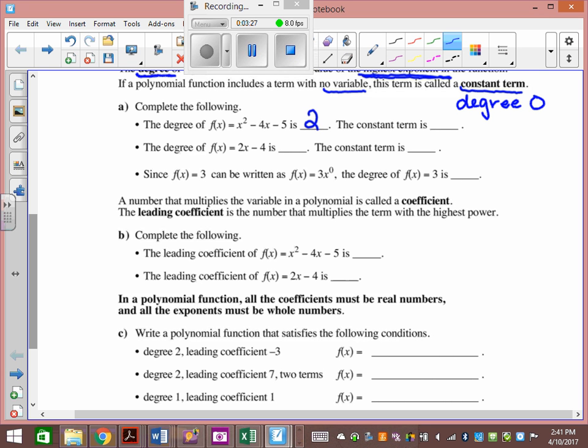The constant term is the one that remains constant. The only term that's going to remain constant is the one that doesn't have a variable on it. Because if a term had a variable on it and you were given that x equals 2, you plug a 2 in and it would change it, right? The constant terms are the ones without variables. So you might want to write that for yourself. Constant term is the term without a variable.